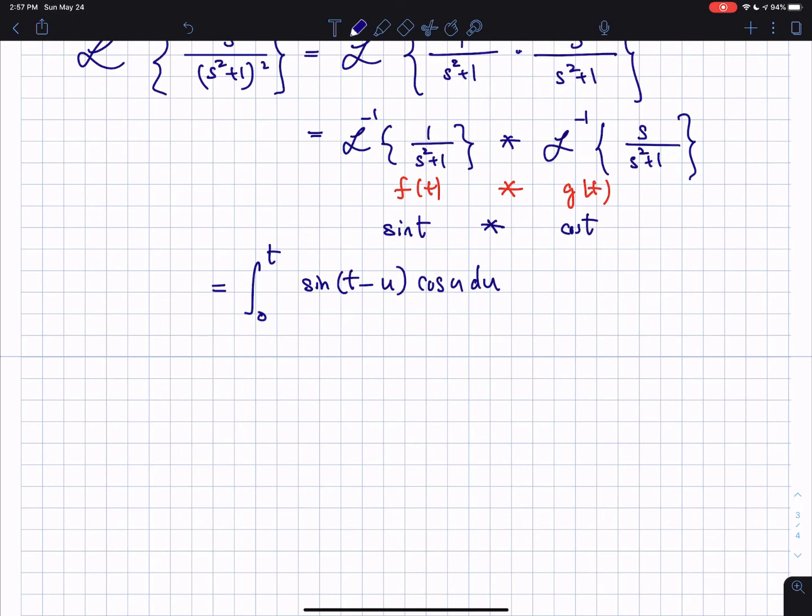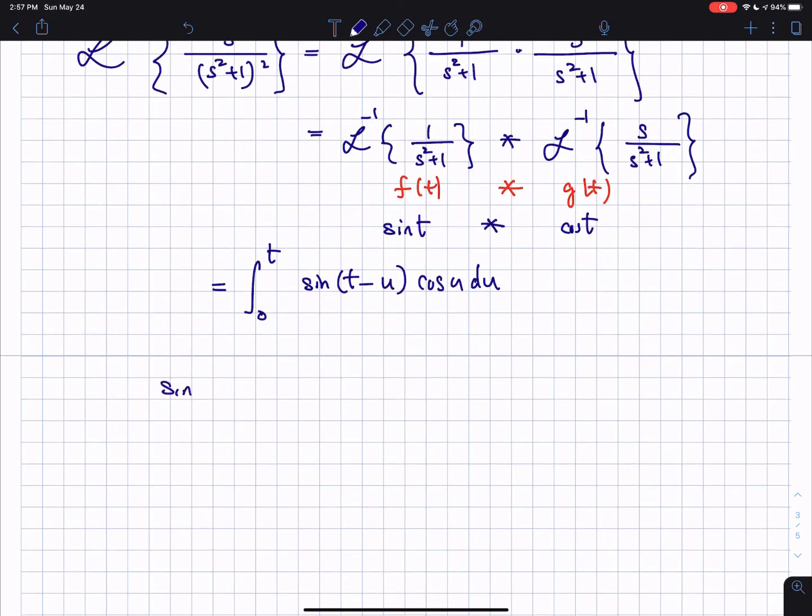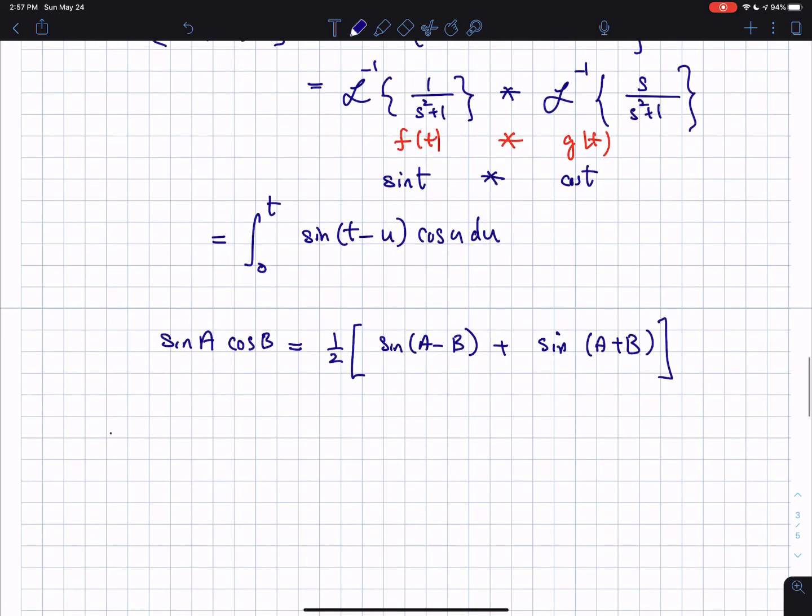Here you have a sine and a cosine, so you could use sine of A cosine of B is equal to 1/2 (sine of (A minus B) plus sine of (A plus B)). Yeah, these identities are used a lot in this topic. And using that, I can transform the integral, and I'm going to skip the formalities here because I don't need to take the video time for a simple basic integration.